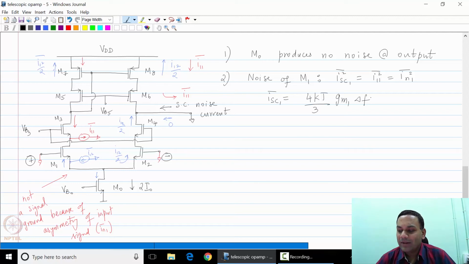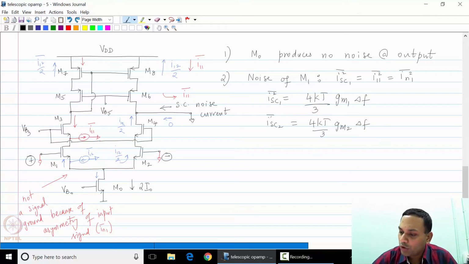You can do a similar analysis for M2 and show that ISC2 squared is also 4kT by 3 into GM2 delta F. This is the squared noise at the output due to M2. Now, what about M3 and M4?